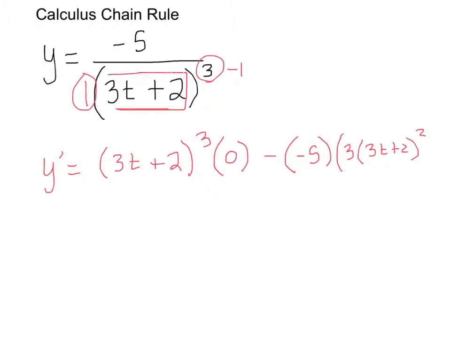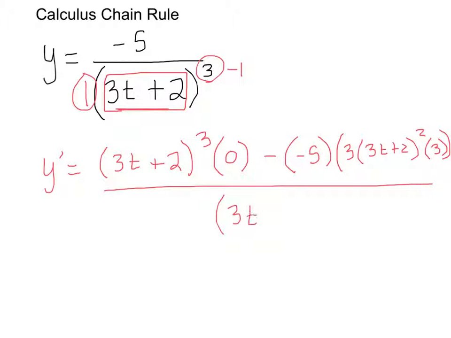So I just look at the inside and say, what is the derivative of 3t plus 2? Well, it's just 3. So what I have here is the bottom times the derivative of the top minus the top times the derivative of the bottom, and the quotient rule says all over the bottom, 3t plus 2 cubed, all squared.